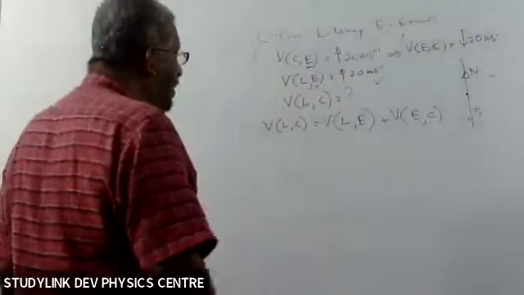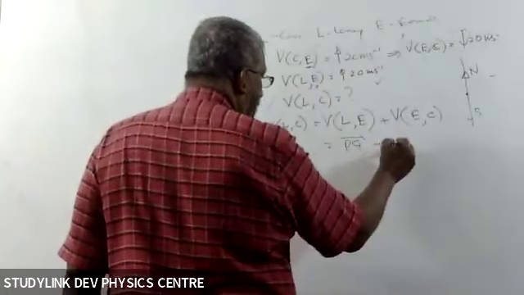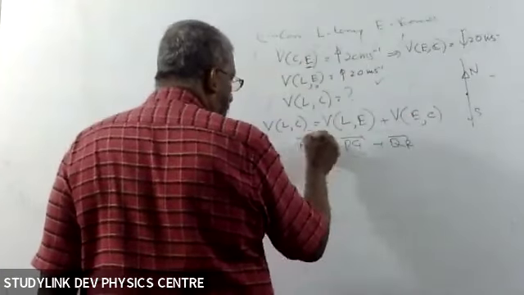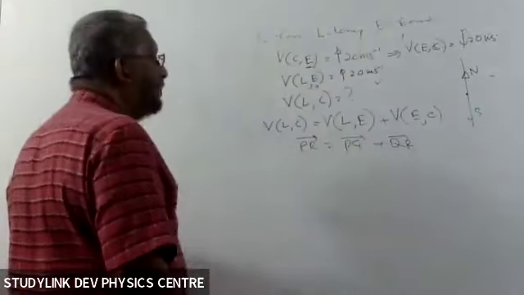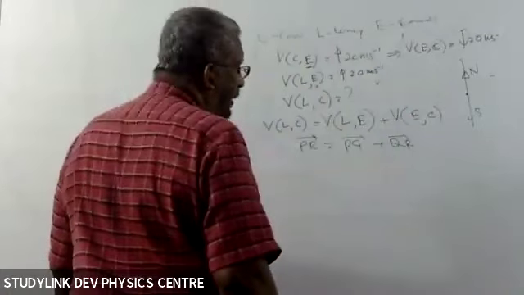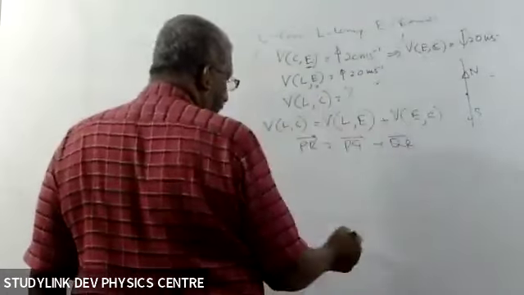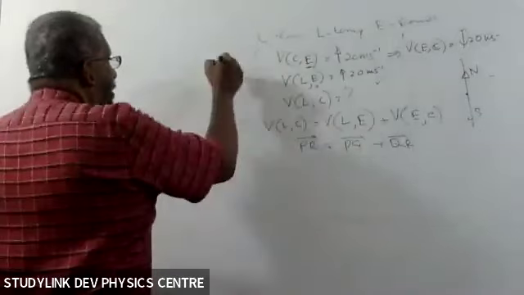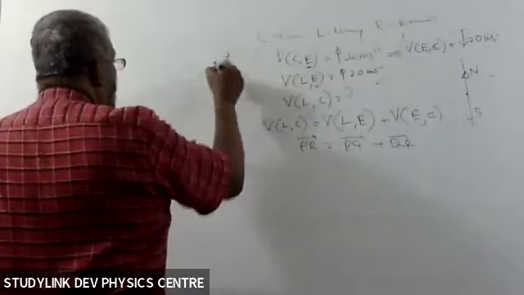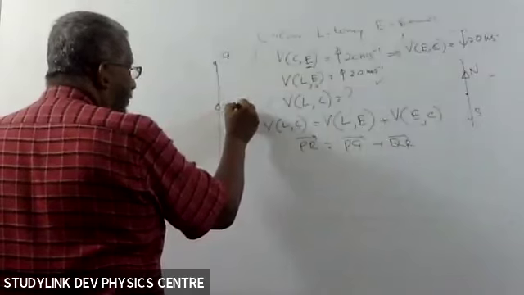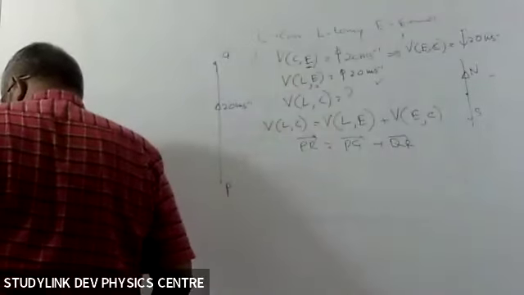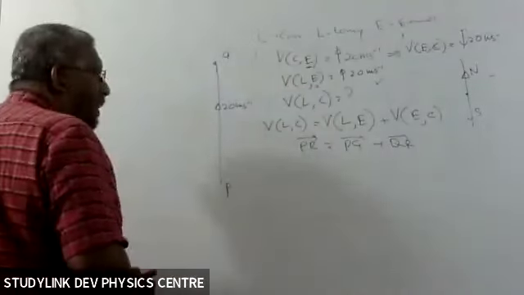Now this is PQ, this is represented by QR, then the answer comes with the vector PR. PQ is LE, that is 20 m/s. Last time I did not write the units.